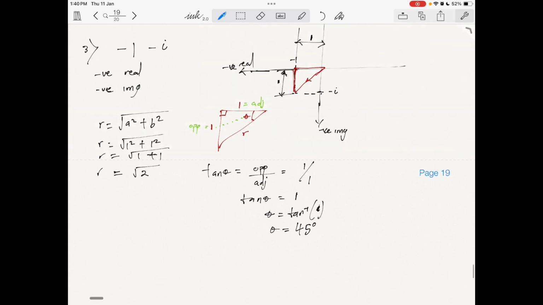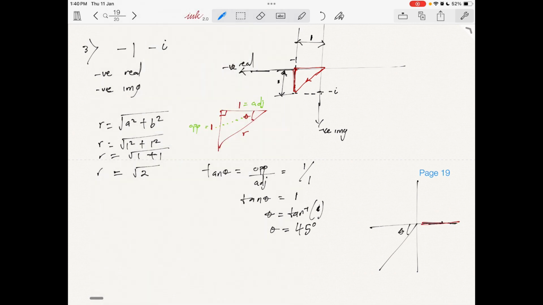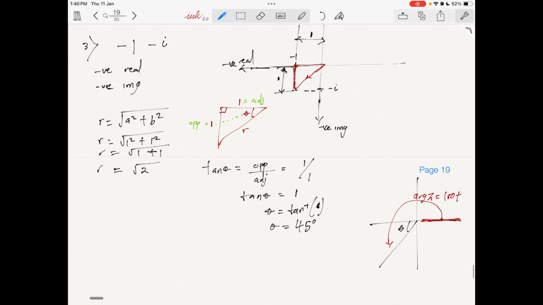So now we remember that we are in the third quadrant, and this is the angle theta. The argument Z starts counting from the positive x-axis. So this is our argument Z, which is equal to 180 degrees plus theta.